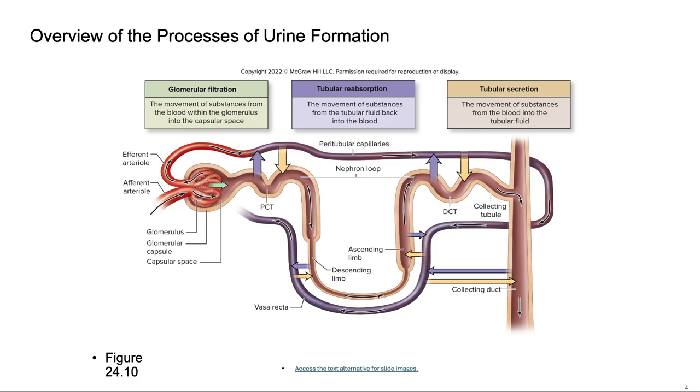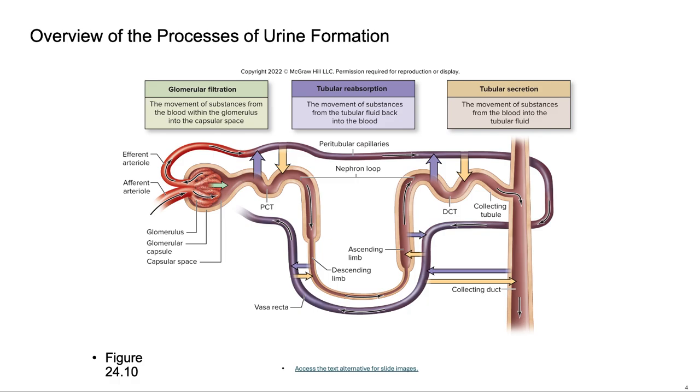Whenever we had blood leaving the heart, left ventricle, aorta, going all the way down to the capillaries in our tissues, you had the exchange of nutrients, that capillary exchange. It's going to be basically those same processes, those same hydrostatic pressures and osmotic pressures that are acting here in the kidney as well.